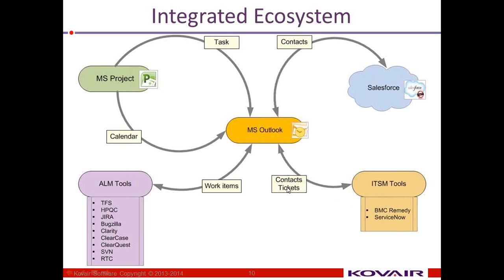From ITSM tools, we are synchronizing the contacts, tickets, and work items, we are creating them, and getting updates from the ALM tools like TFS, HP Quality Center, Jira, Bugzilla, Clarity, ClearCase, so whatever tool you're using in your environment. And also the project planning and task management from MS Project. So the tasks should get synchronized, and the calendars should get synchronized with Outlook.